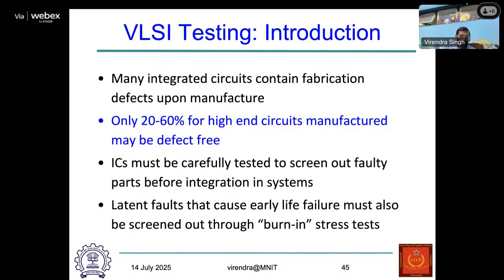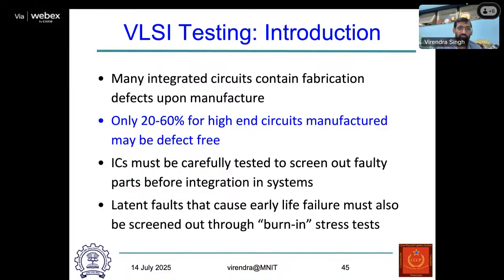As you go higher and higher in the level of system design, from the bare chip that you have manufactured, to the packaged chip, to the integration on the board, to the integration into the system, as you move up the ladder, if you find the chip defective, the cost it incurs may increase 10 times every time you go higher in this ladder.